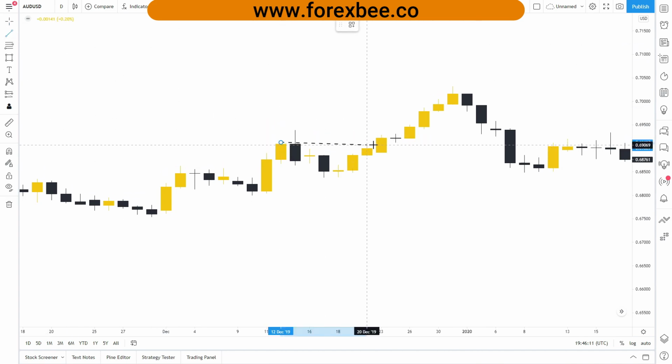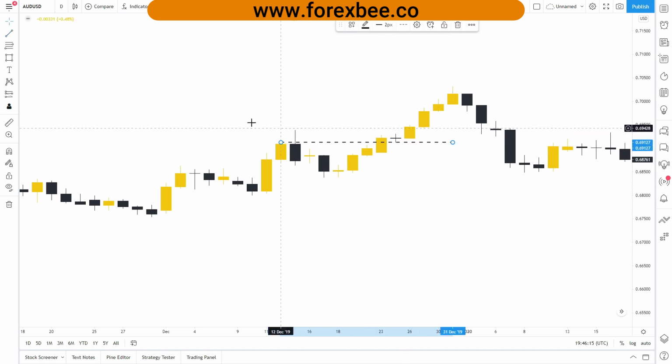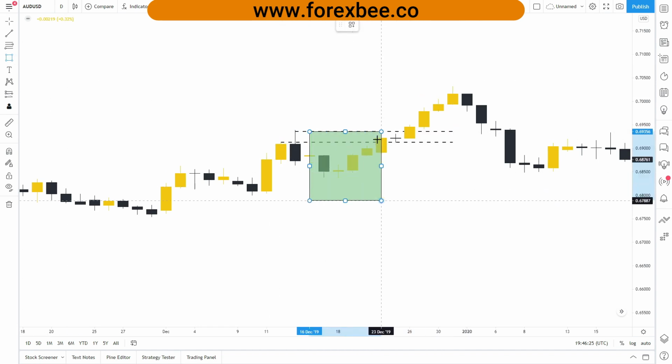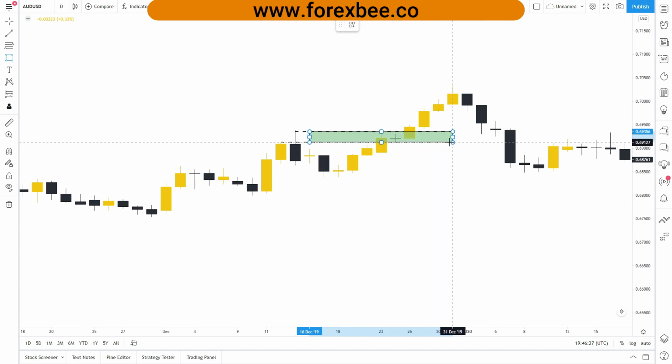So let me do that, and let me draw a straight line here, and let me draw another line at the high of this candle. And now let me color this area to increase the visibility. So this is basically another resistance level we have drawn.